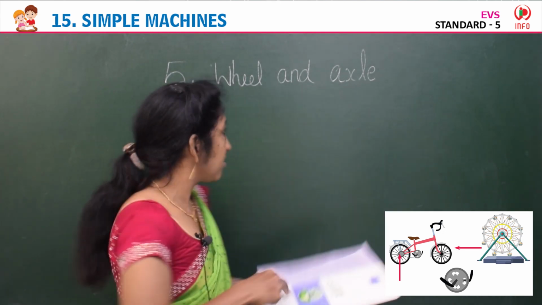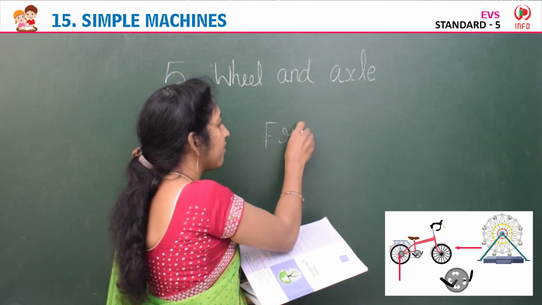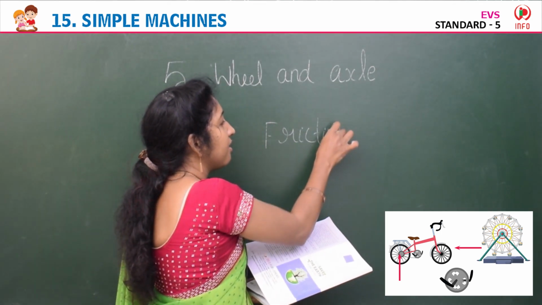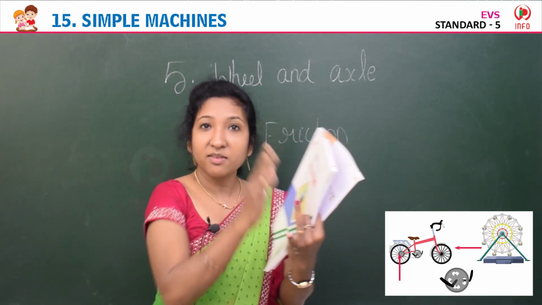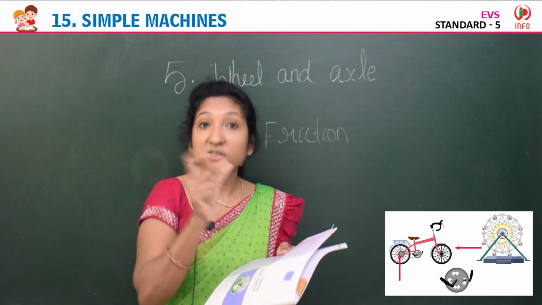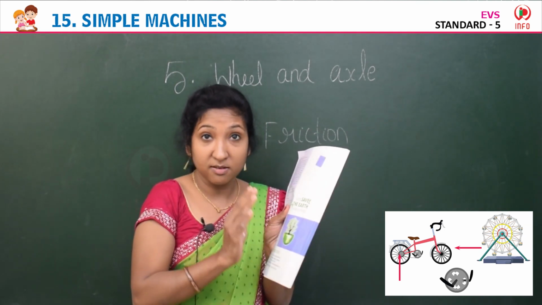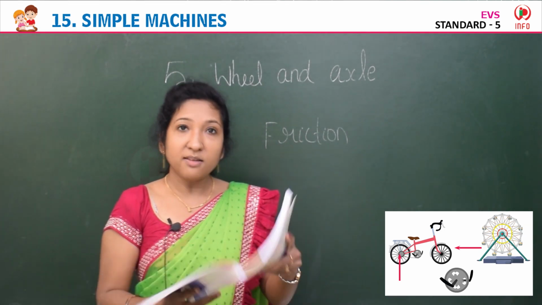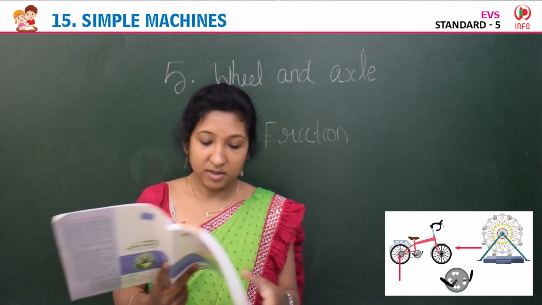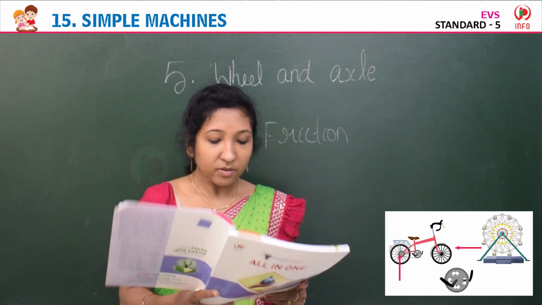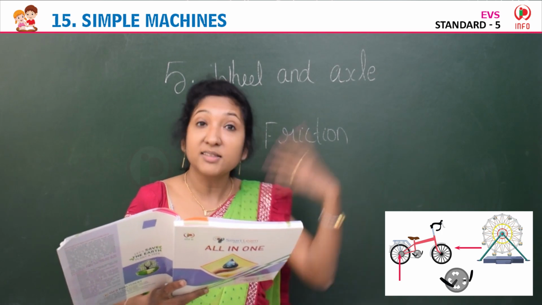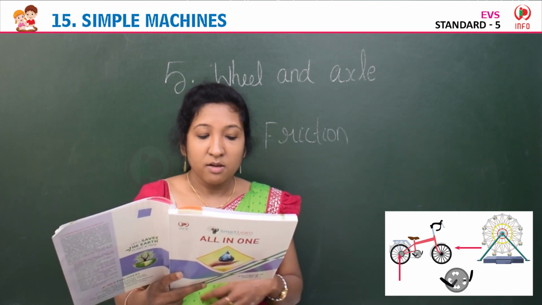What is friction, children? When two objects rub each other, that is called friction. So here the wheel and the road are touching, no? So this makes less friction, so that the wagon is easier to move.